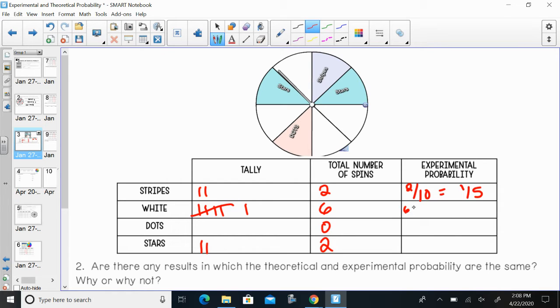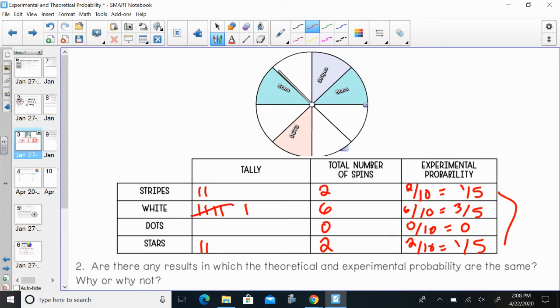For white space, 6 out of 10 times, which is 3 out of 5. 0 out of 10 times, which would be 0. And for stars, 2 out of 10 times, which is 1/5. Again, you want to add up your fractions on the side just to make sure all of your fractions add up to one whole. So I'm taking into account all of the spins that occurred in my experiment.